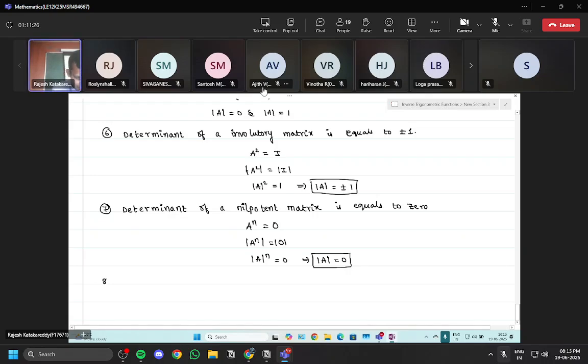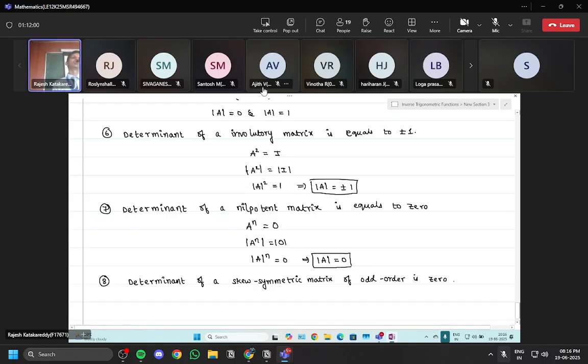See, the 8th one: determinant of a skew symmetric matrix of odd order is 0.